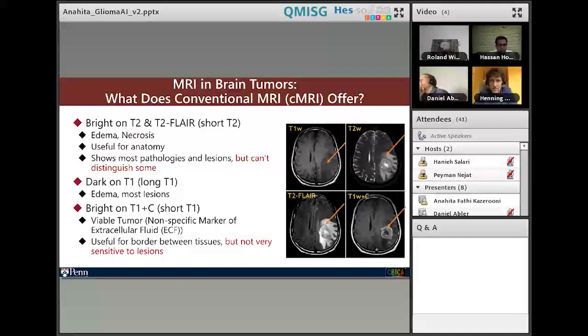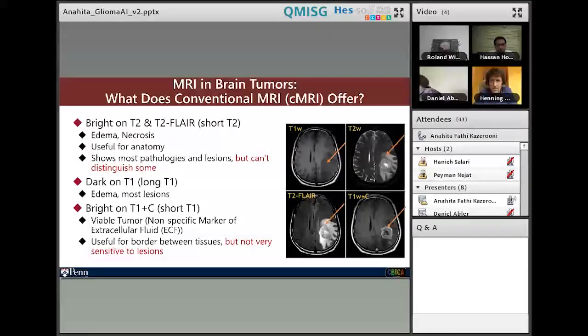So what does conventional MRI offer? If there is an enhancement on T2 and T2 FLAIR, it is suggestive of edema or necrosis, which is very useful for locating the anatomy. It shows most of the pathologies and lesions, but it cannot distinguish some of them.